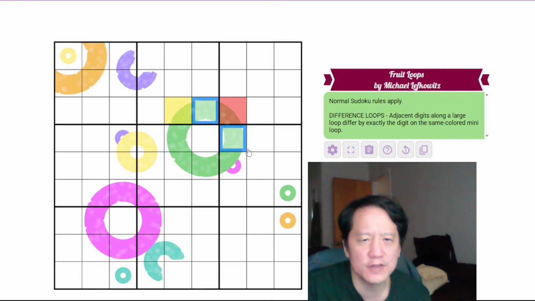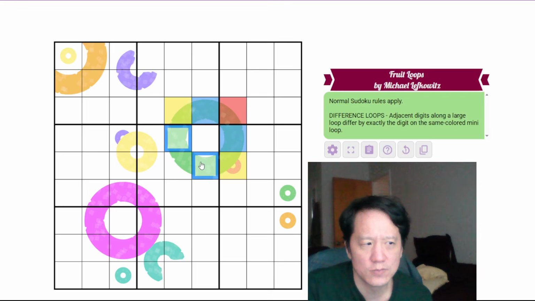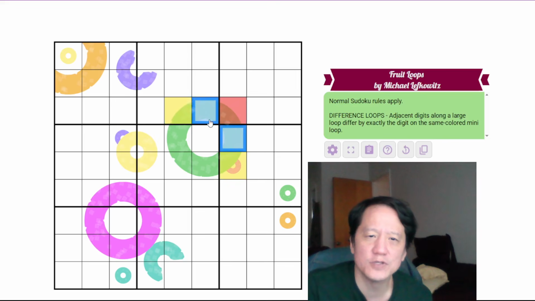And I think these have to be the same. So those are the same, which means this must be yellow. So then these cannot be the same. That's the problem, right? These cannot be the same here.